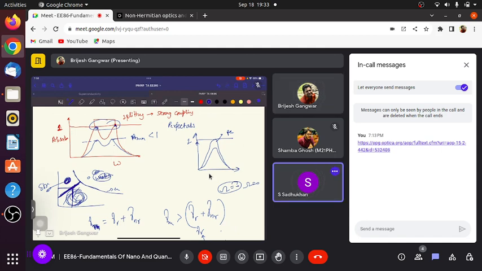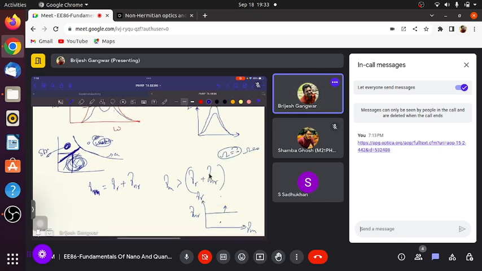Which I can understand from this curve, because in this region, when gamma is equal to 0, then you have this type of phase diagram. If you consider omega some non-zero, then you will have this curve. So in this curve, you are in this region or in this region.